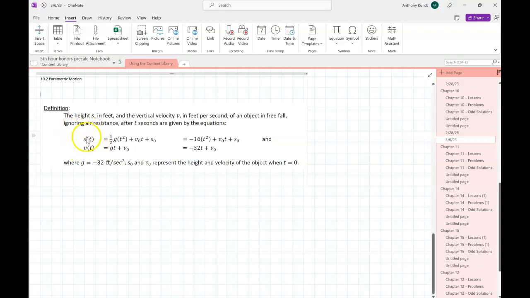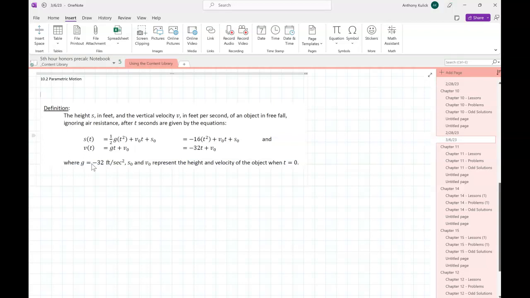So our position function is s of t equals 1/2 g t squared plus v naught t plus s naught. g is the gravity. That's constant, at least on Earth, at least at sea level.